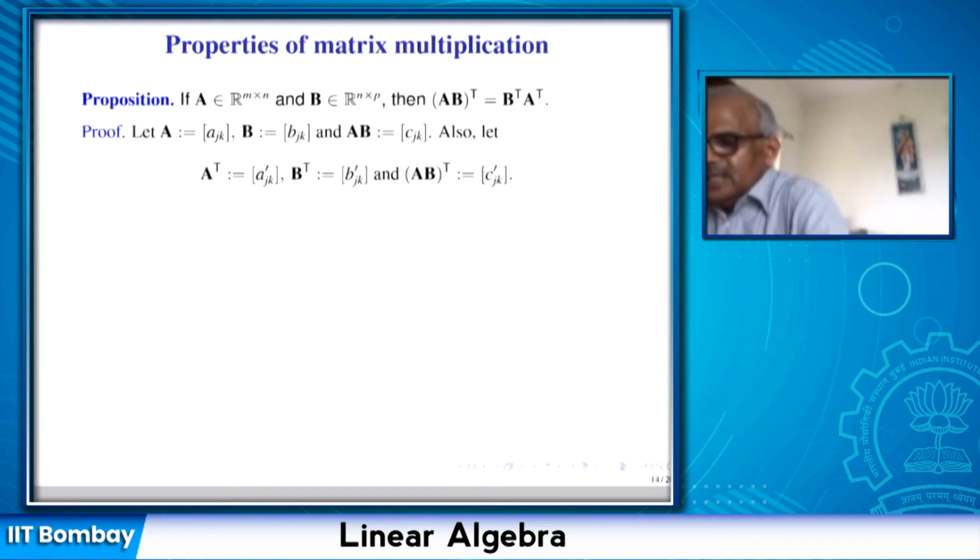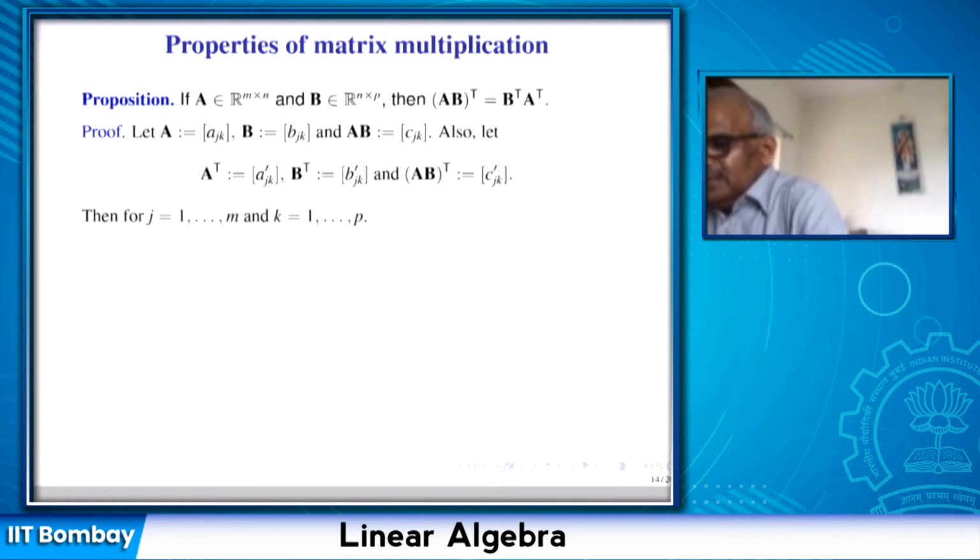So here is a proof. Write the JK entry of A as AJK, the JK entry of B as BJK, and CJK as the JK entry of A times B. Then A transpose will have entries AJK prime, B transpose has BJK prime, and AB transpose has CJK prime. So simply display the general entry of all three matrices: AB transpose, B transpose, A transpose.